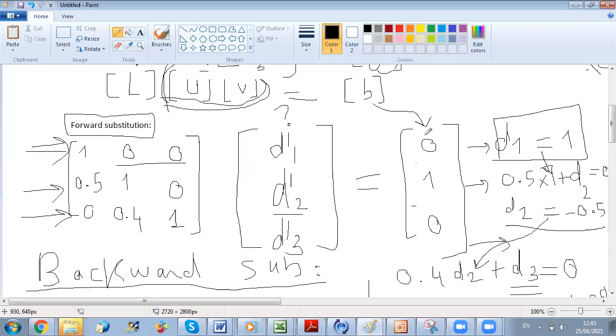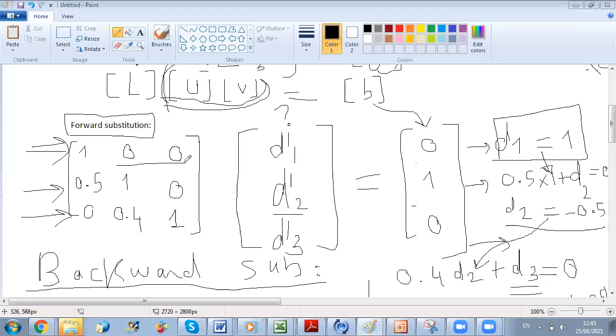So to avoid this, we decouple the two processes. We find L and U first, which will be used in each operation, and then if B changes, we don't have to do any forward elimination again. We just have to do forward and backward substitution.